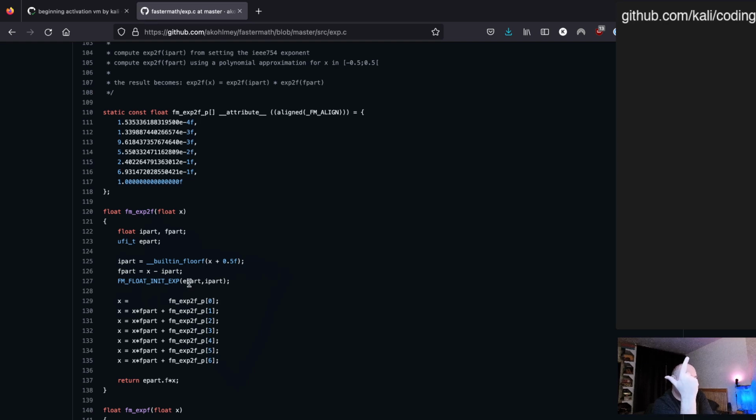This bit, float init exponential, exponent. It has to be exponents. So that's the bit where you do the bit magic, the bit magic shifting to transform the I part into the right power of 2 just by shifting bits.